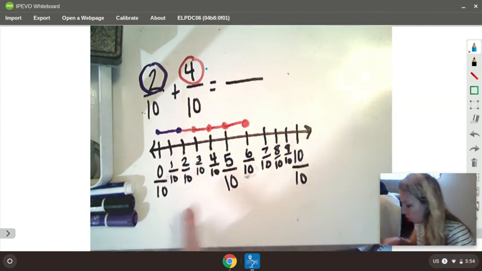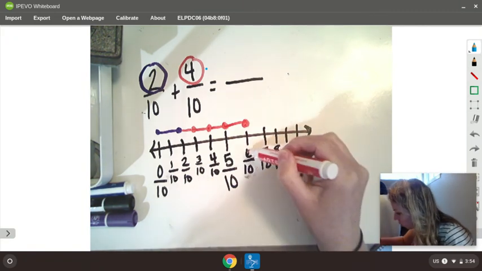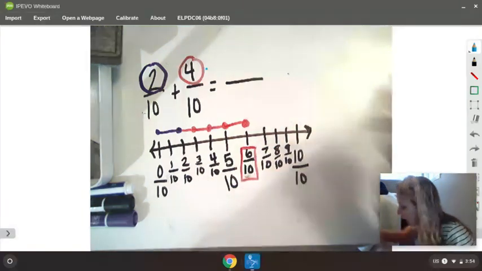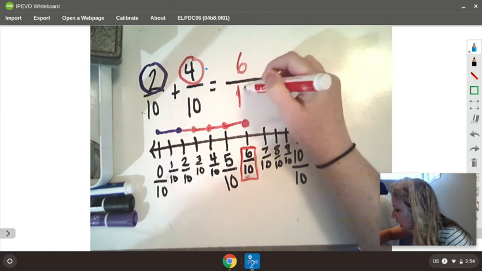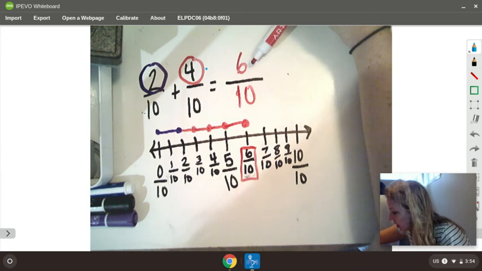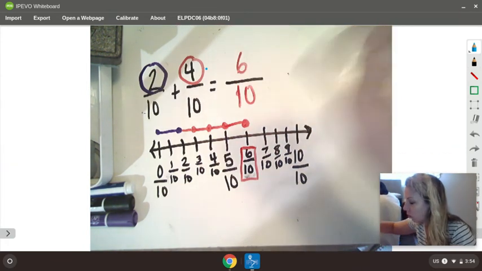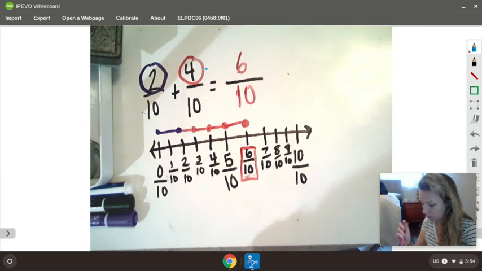I started with 2/10, and I added 1, 2, 3, 4 more tenths. So where do I end up? I end up at 6/10, right? 4 plus 2, or 2 plus 4, is equal to 6, and my denominator is tenths. I'm dealing with tenths, so my denominators don't change when I'm adding, okay? All right, so my final answer would be 6/10.